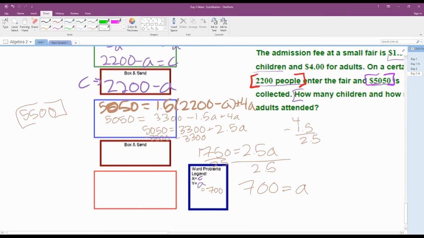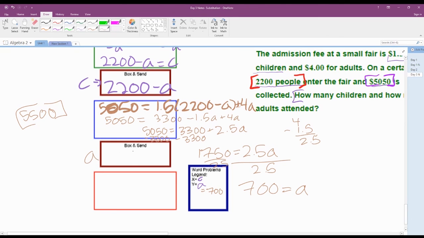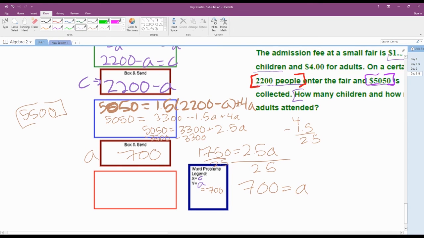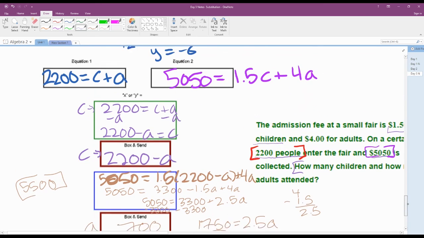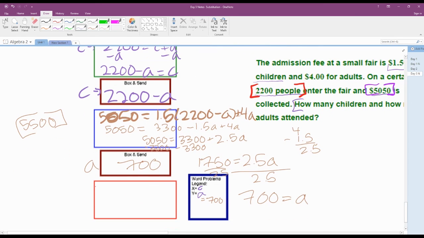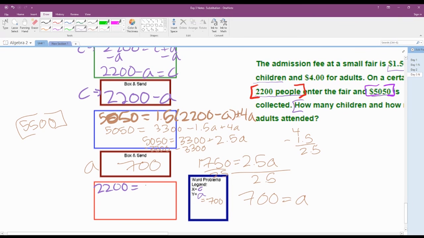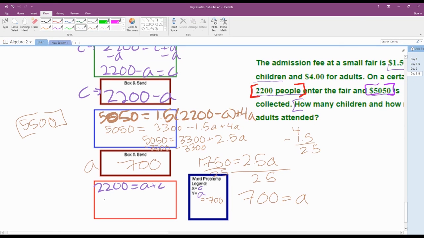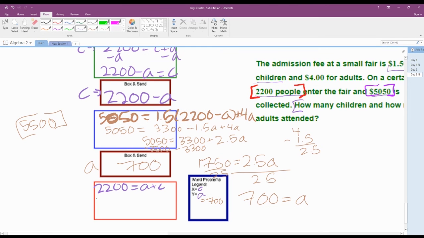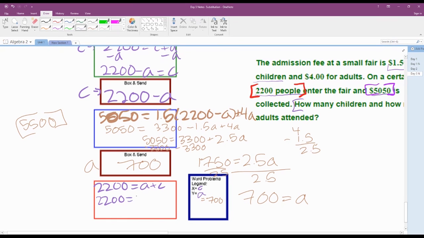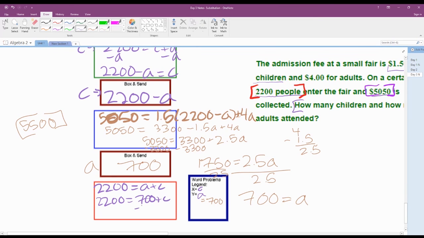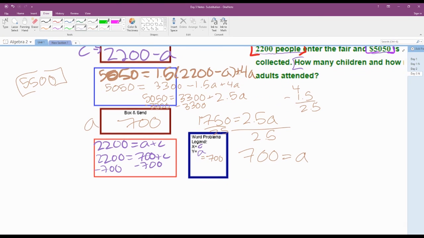Okay, so that tells me that I have 700 adults. So now I need to figure out what the number of children is. So I know 2,200 equals adults and children. Adults are 700, so I subtract 700, and 2,200 minus 700 is 1,500.